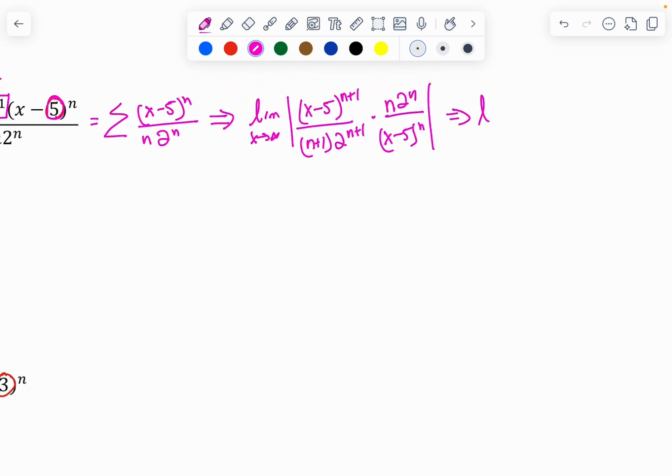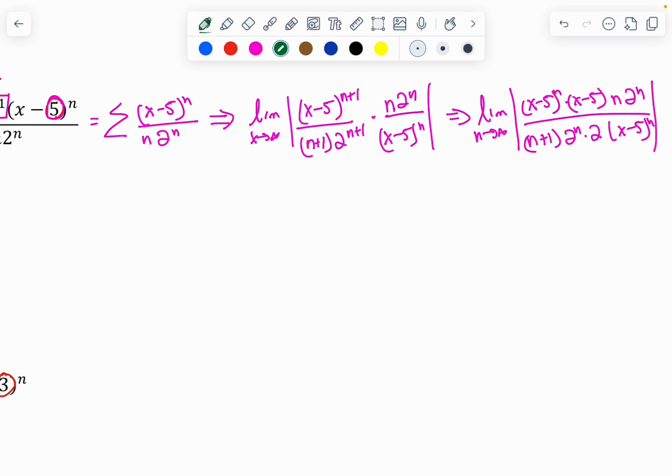Simplified, right? To see what we can cancel out: x minus 5 to the n times x minus 5, n to the 2n, all of that over n plus 1 to the 2n times 2 times x minus 5 to the n.